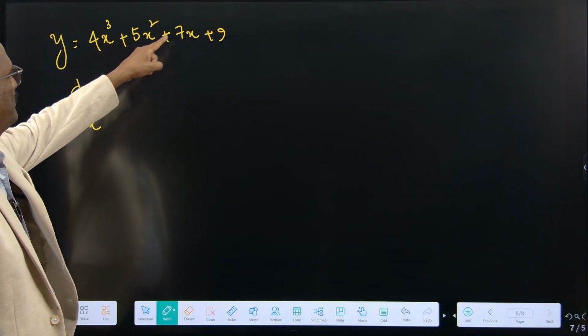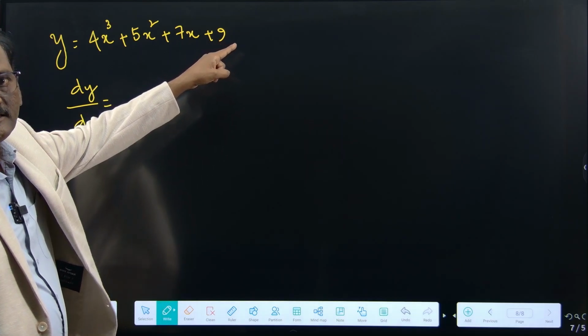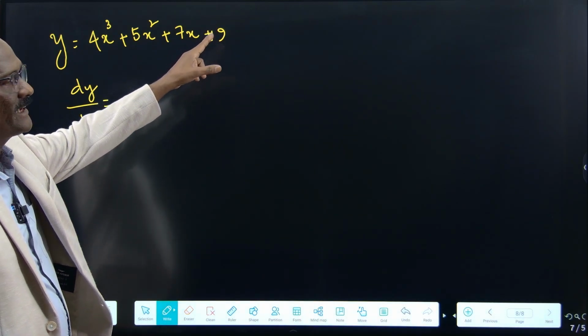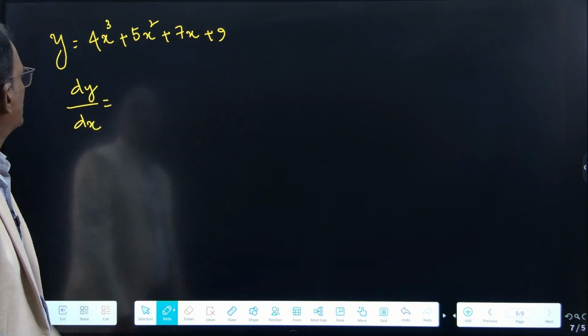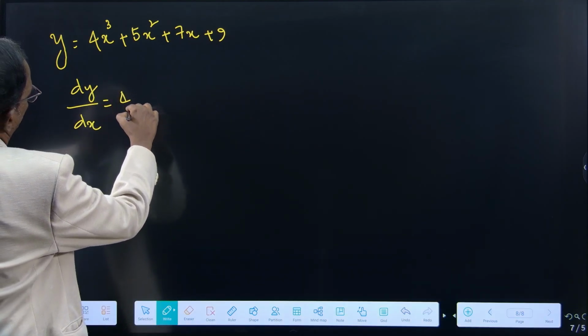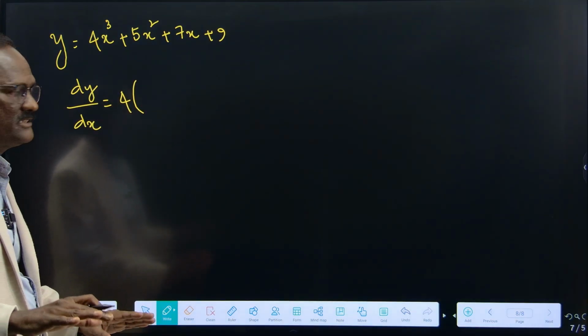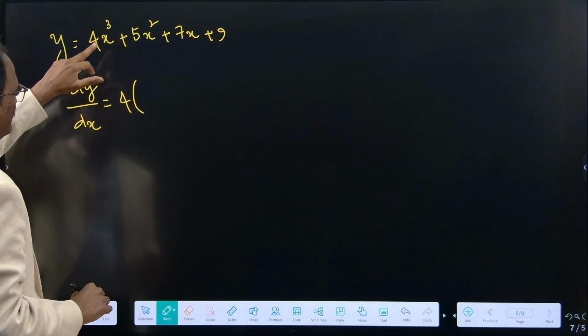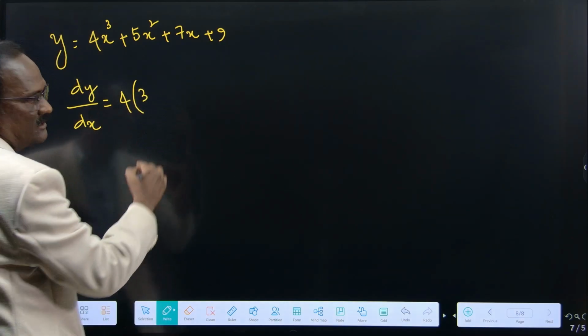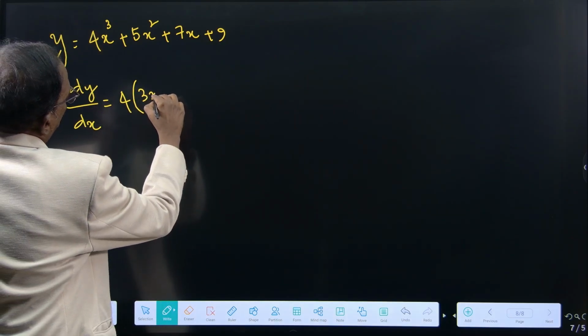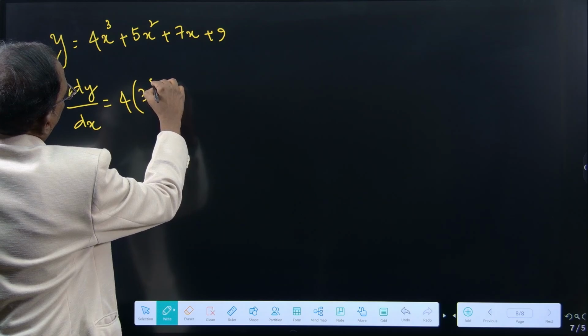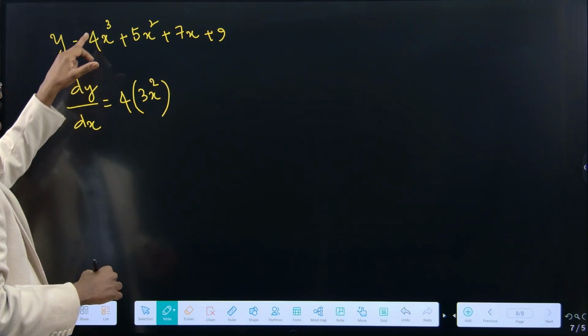This is variable, and 9 is simply a constant. It is not 9x, it is 9 only, so it is a constant. So 4 is constant, it is written as such, 4x cube. First you multiply with the old power, then you decrement it, 3 minus 1, 2. Decrement the power.